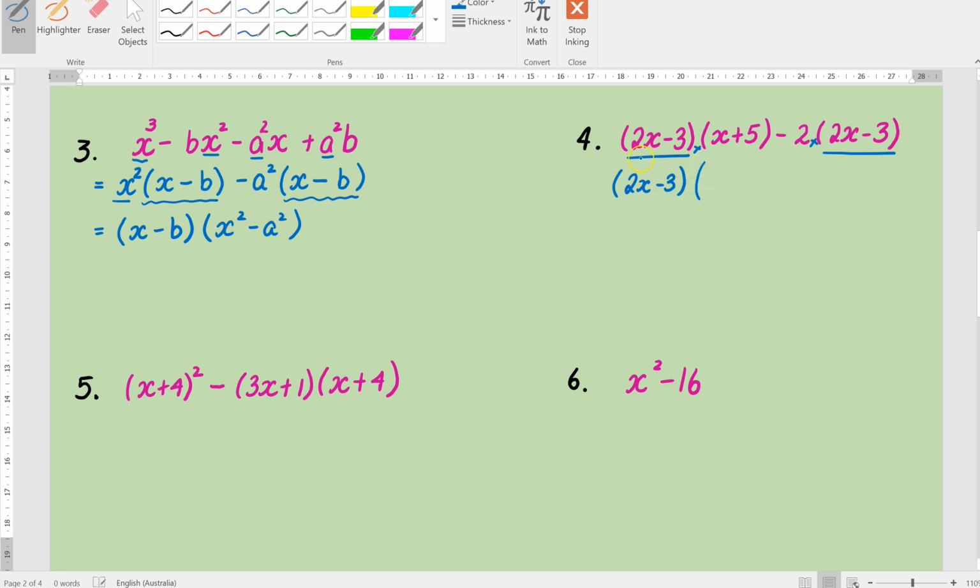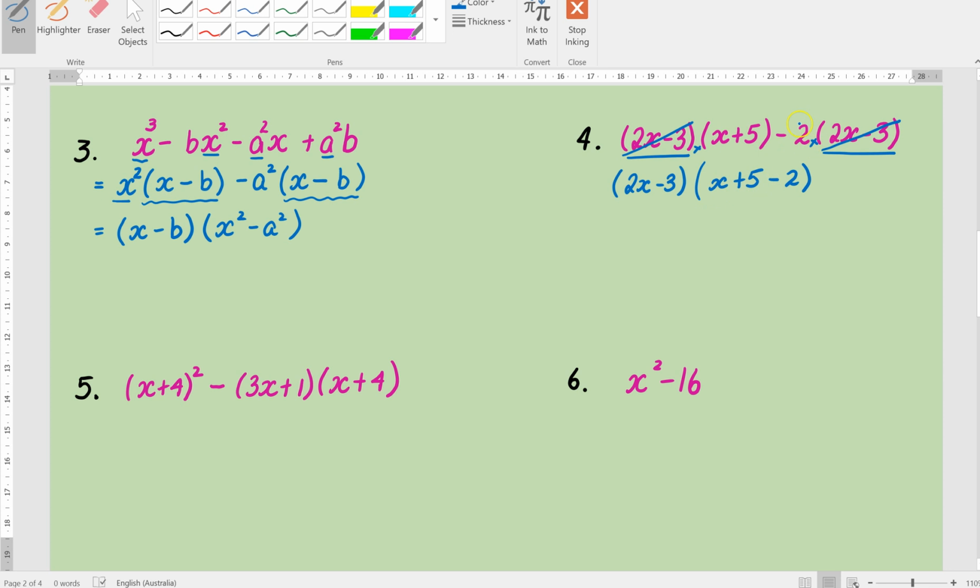Now when I pull it out from this first term here, that's now gone, I'm left with x plus 5. And when I pull the 2x take 3 out from that term, I'm left with the minus 2. I could put brackets around there, but it doesn't really help.